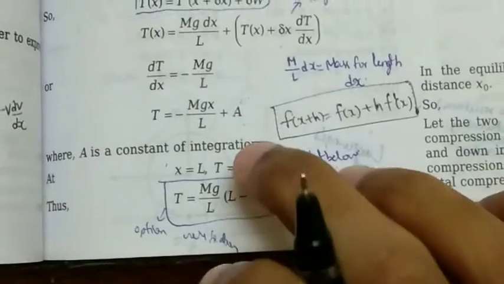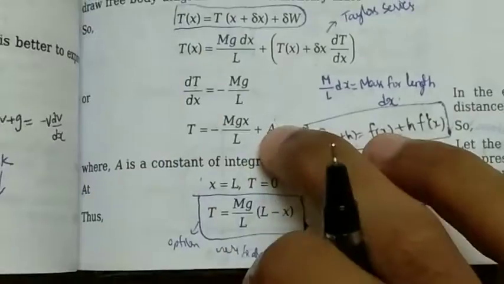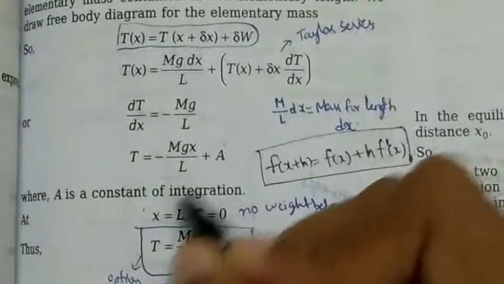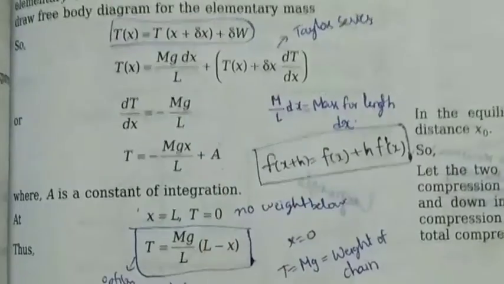A is nothing but mg from this calculation. If we substitute in this equation, L would get cancelled, t is 0, and a is equal to plus mg if this goes to that side. So we have found out a value from this condition, and that value we need to substitute in this main equation. So we substitute mg.